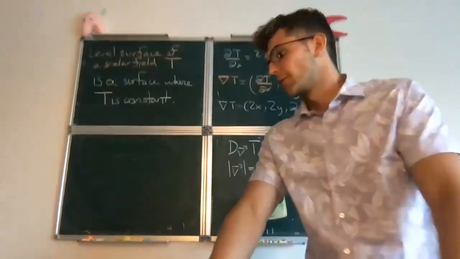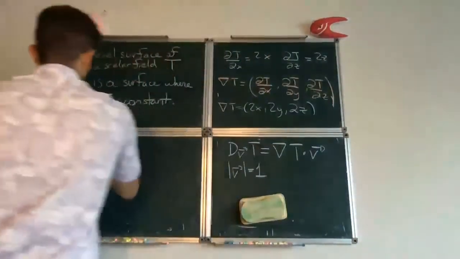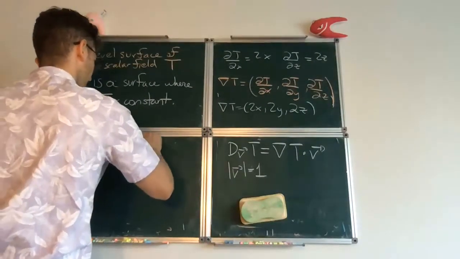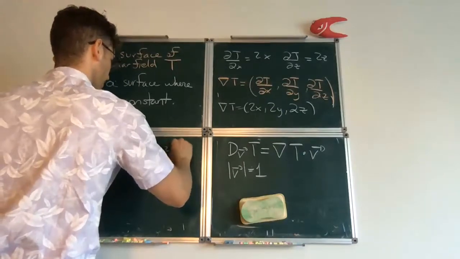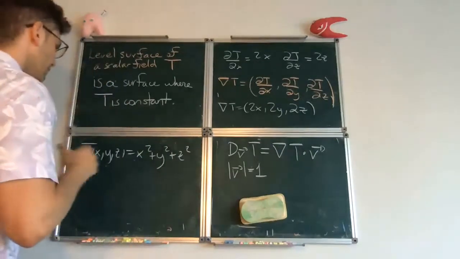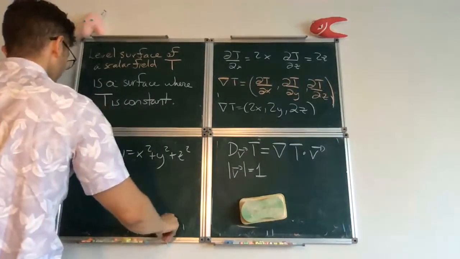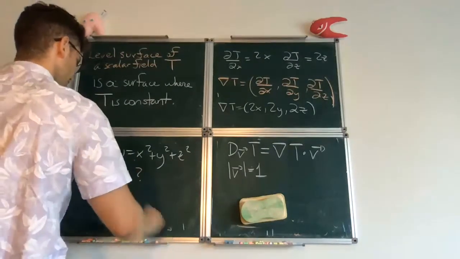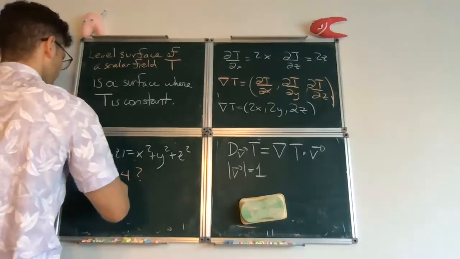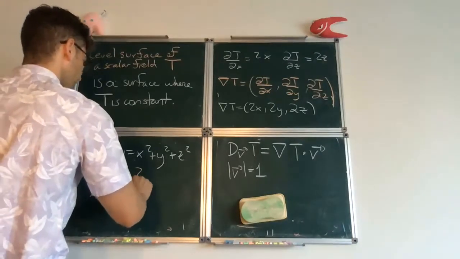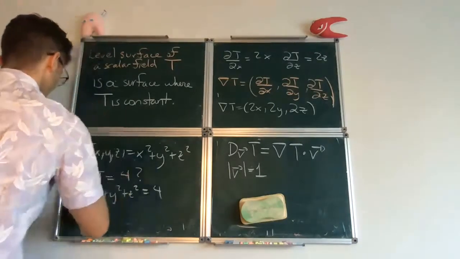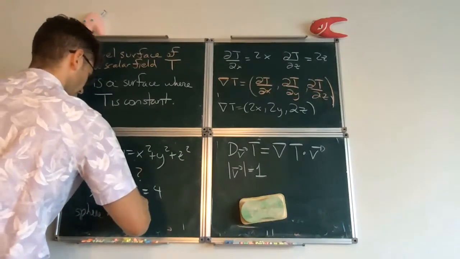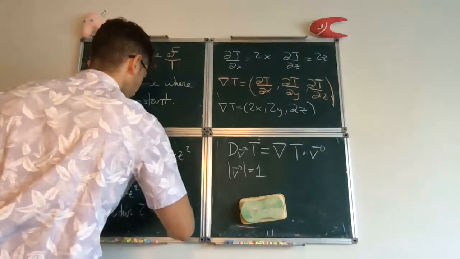But for example, for the function that I wrote before, say if you wanted to know all the points where the temperature equals 4, that just means that you have to solve x squared plus y squared plus z squared equals 4, and that actually is the equation of a sphere of radius 2, centered at the origin, right?